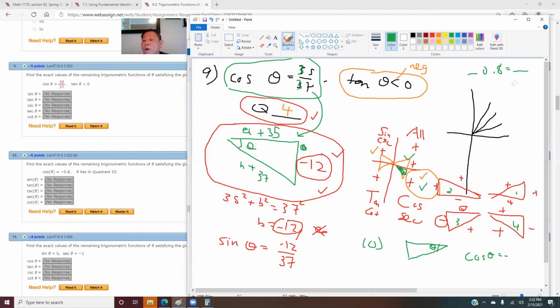One. One means it's over 10. And what is the number above it? Negative 8. Can you reduce this? Yes, negative 4 over 5. Now apply this into here.